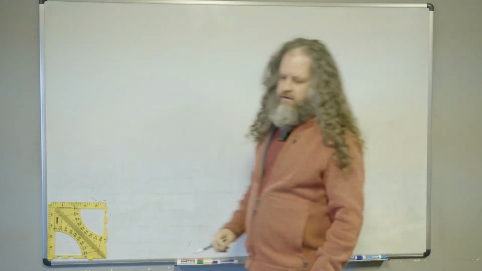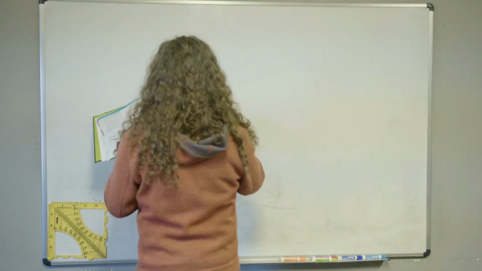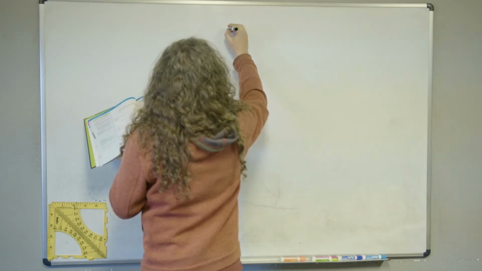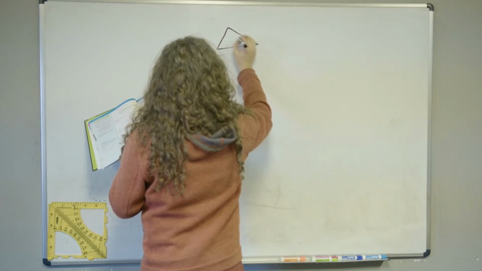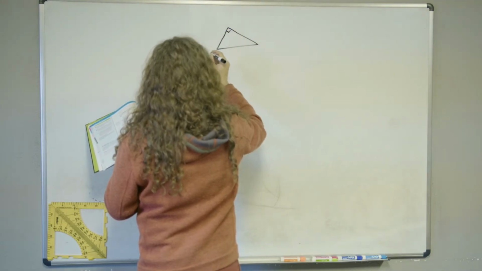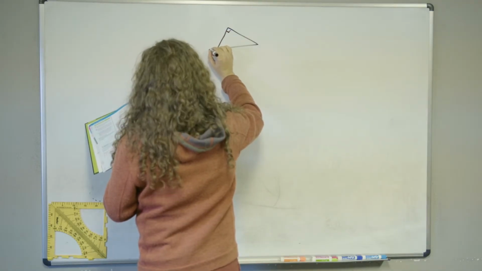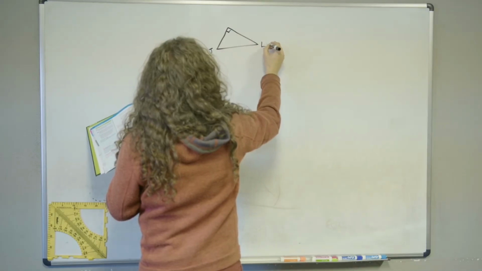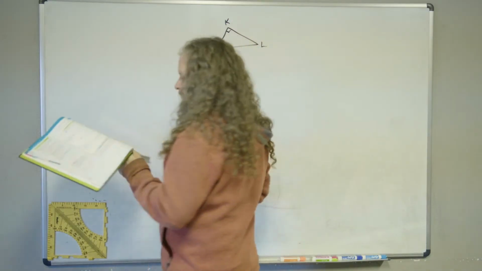Number 20. We have this triangle, and it is triangle JLK, or JKL or whatever.